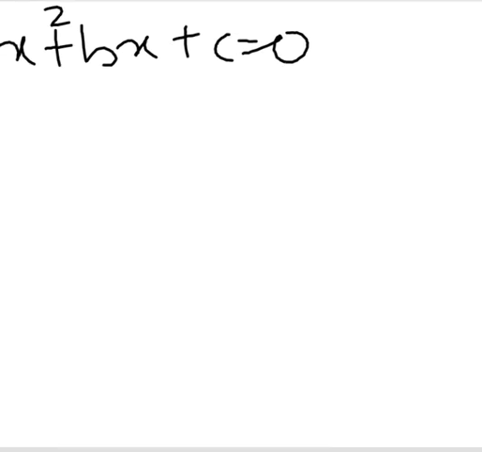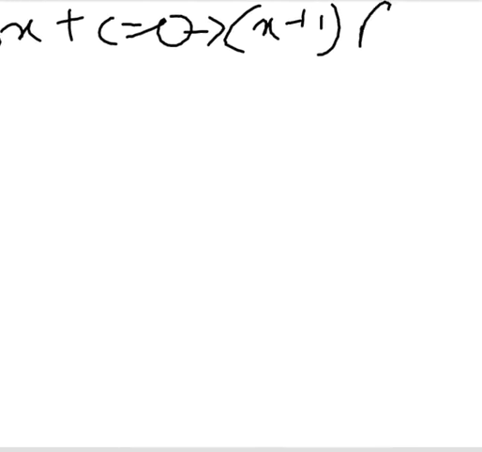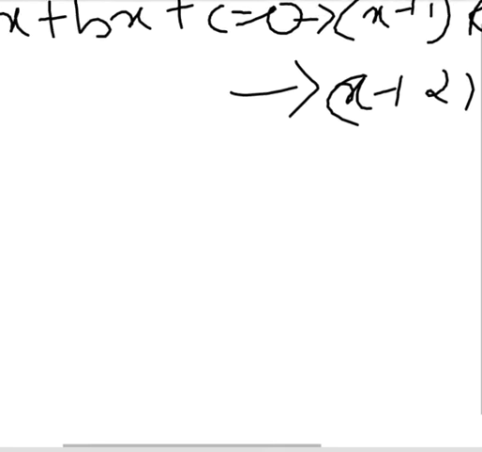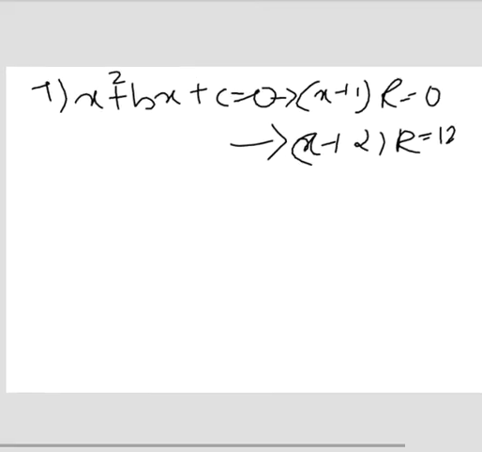When it is divided by x minus 1, then the remainder R is equal to 0. When this polynomial is divided by x plus 2, then the remainder is 12. Write the given data clearly so that you will understand better, in whichever format you want. I am writing in this format.